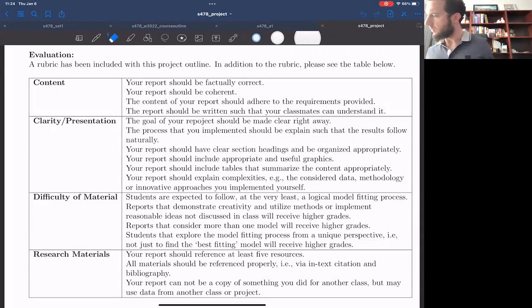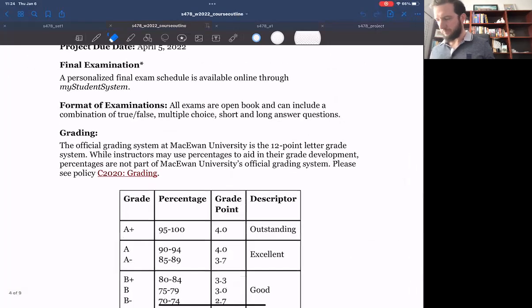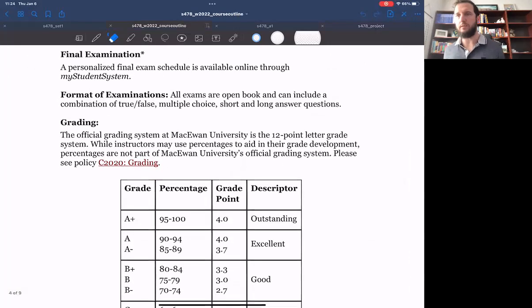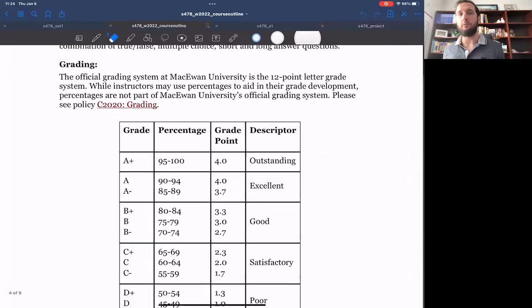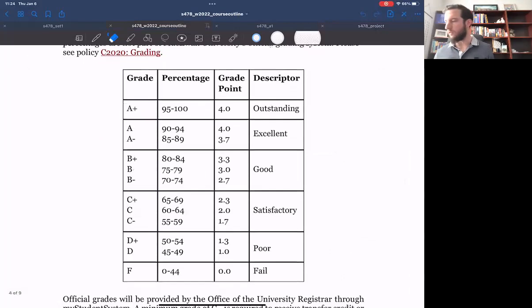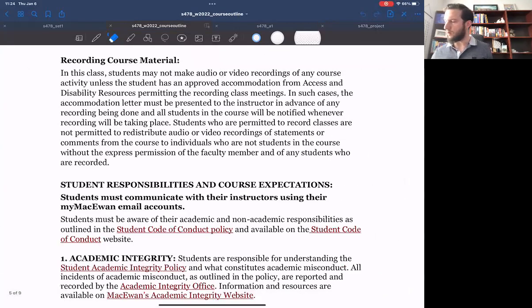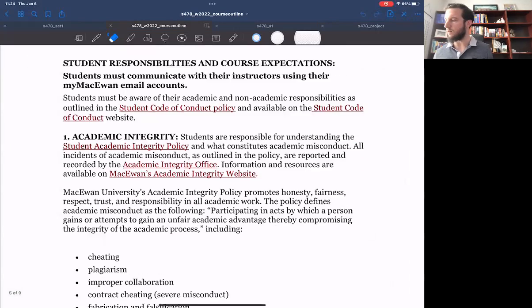Cool. All right. So turning our attention back to the course outline, the rest of the outline really just contains all the traditional explanations that you would see in other class outlines. So we use the same grading scheme across all of our lectures, and all the expectations are the same as they are across any lectures.